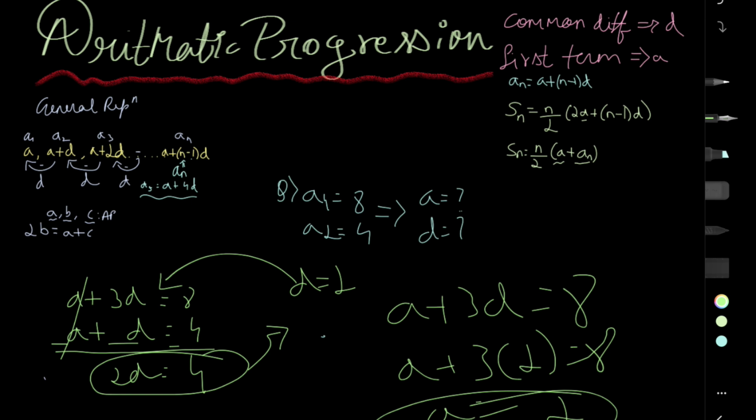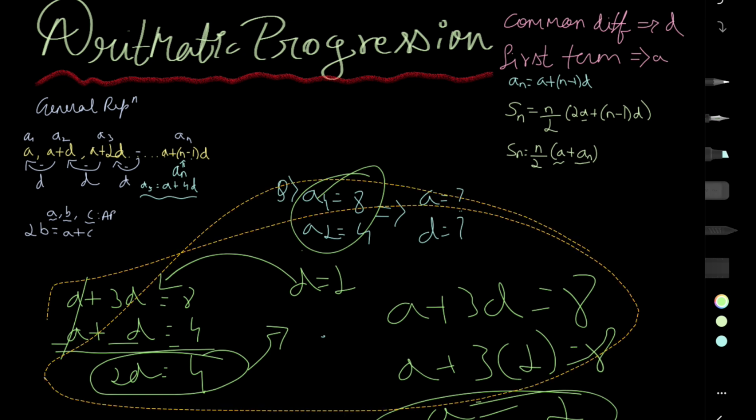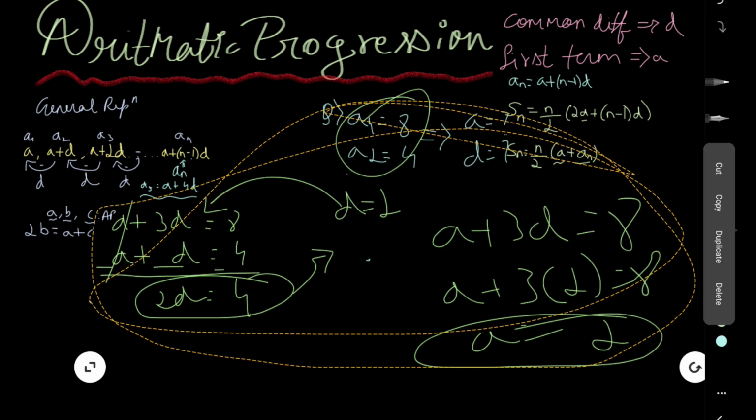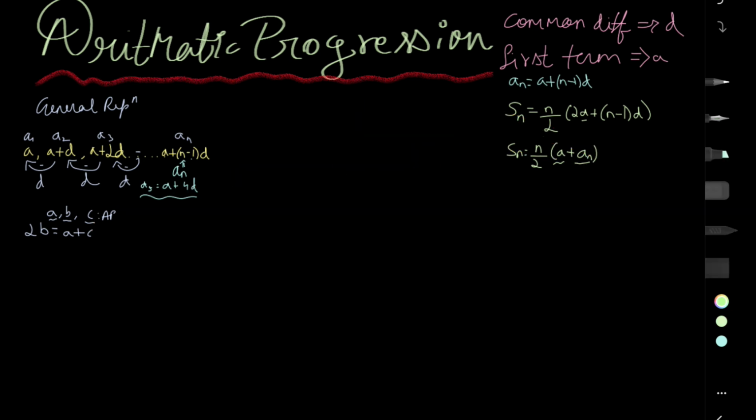It is simply the table of 2: 2 fours are 8, 2 twos are 4. That was the logic behind this question, a simple question for concept understanding.